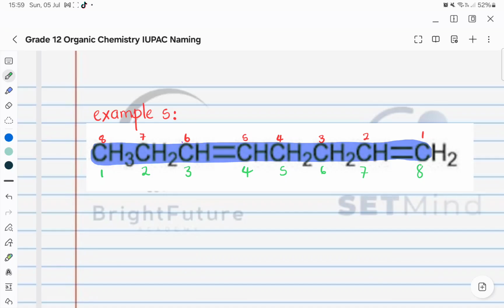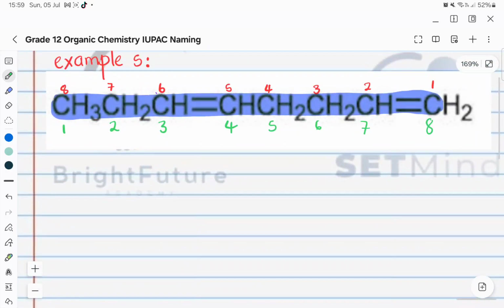Okay, we continue. When I number from right to left, the second double bond is seen on my fifth carbon atom, whereas when I number from left to right, the second double bond is seen on the seventh. So you see, numbering from right to left is way better because I get smaller numbers for these bonds.